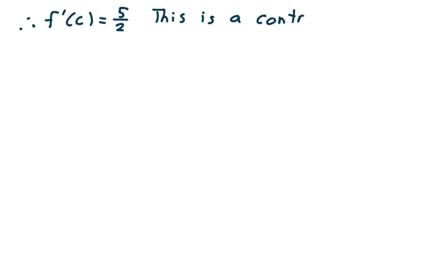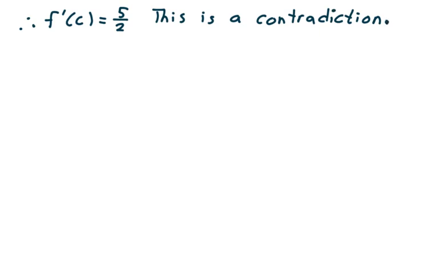So what that tells me is that f prime of c is equal to 5/2. That's a problem. So this is a contradiction. And I'm going to explain why in a second.